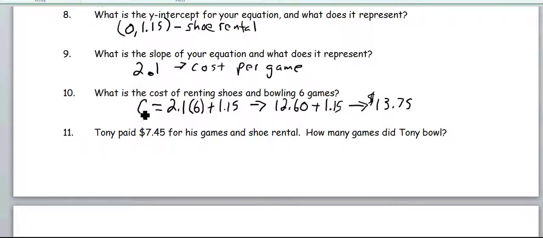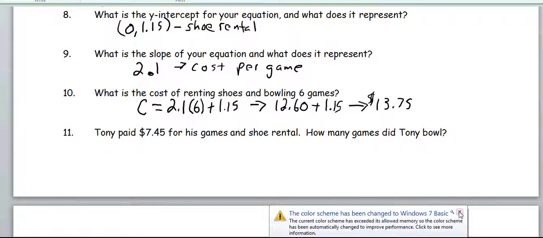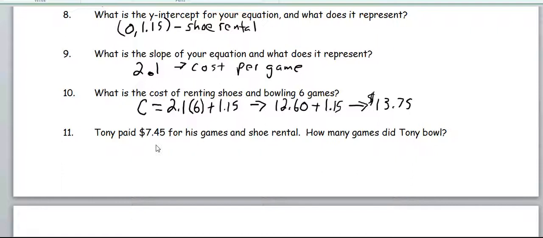All right, number 11. Tony paid $7.45 for his game and shoe rental. How many games did he bowl? Well, we don't know how many games, but we do know the total cost. So when we go to our equation, instead of putting in C, we're going to put in $7.45 equals 2.10 times the number of games plus $1.15.